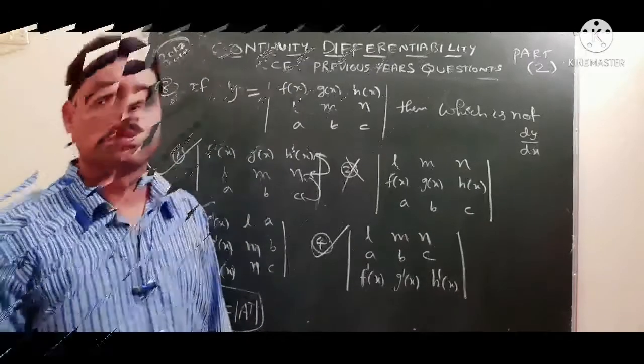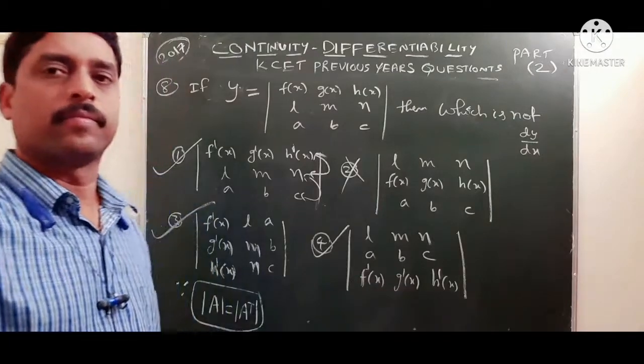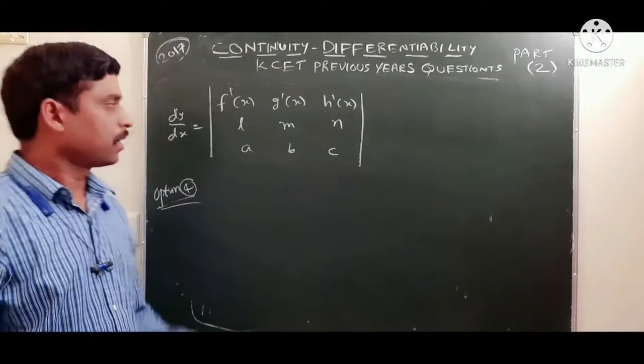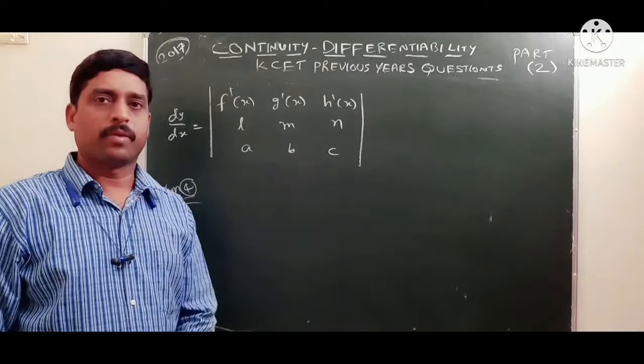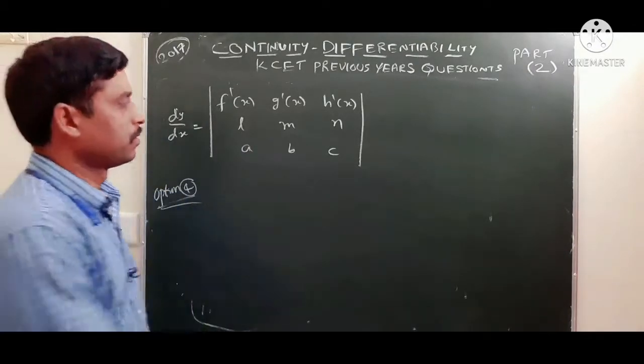Let us observe the fourth option. It is also correct. Why? Because by using the property, if any two rows or columns are interchanged, the sign will be changed.